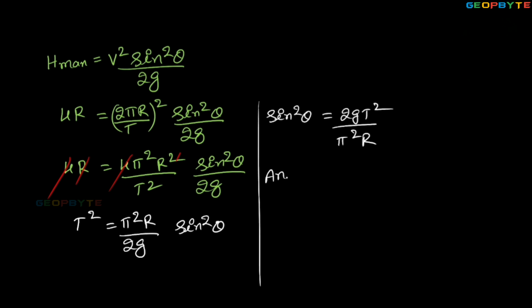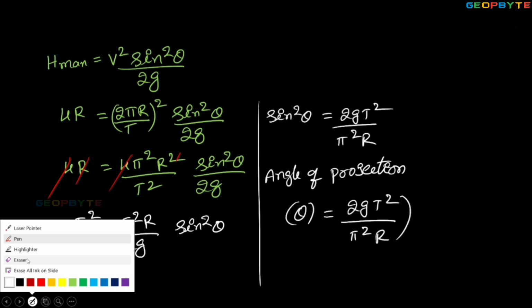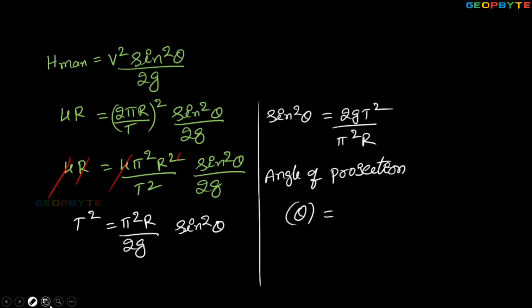Therefore, the angle of projection theta: sine theta value equals 2g T square by pi square r whole power 1 by 2.